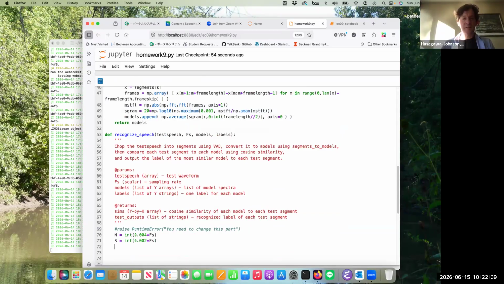And I want to calculate the frames is equal to test speech of m plus 1 to m plus n minus the test speech from m to m plus n minus 1 for m in the range from 0 to the length of the test speech minus s minus n with a skip of s. There's the frames. Now I want to calculate the magnitude short time Fourier transform.